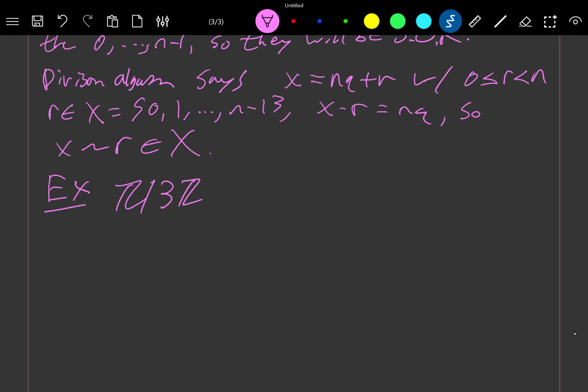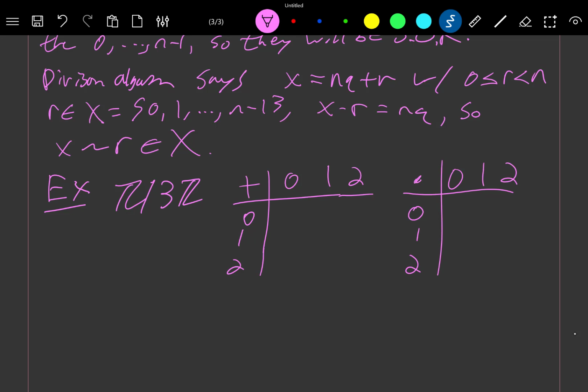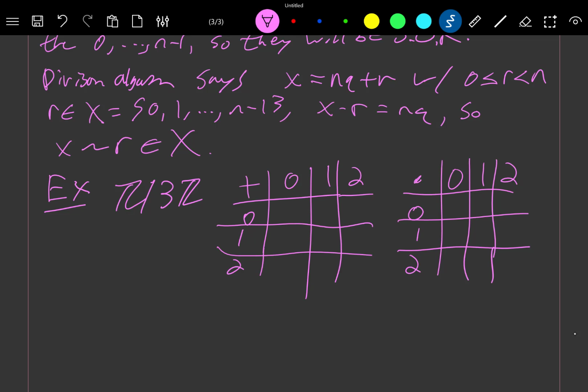We know 0, 1, and 2 is a system of representatives, and the table looks as follows for addition and multiplication. You could go ahead and check that this actually forms a ring structure.